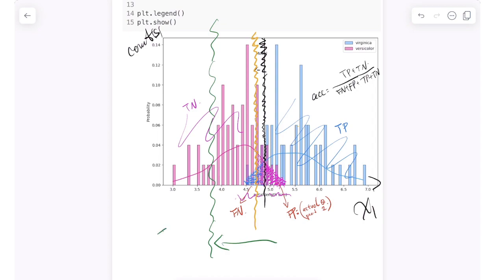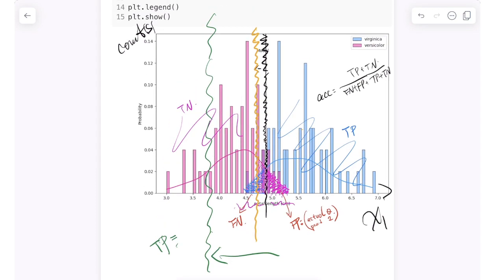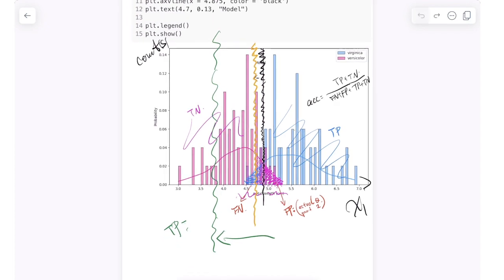So your true positive rate will be 100% because every blue dot will be classified as blue, because they are at the right hand side of the green boundary line.